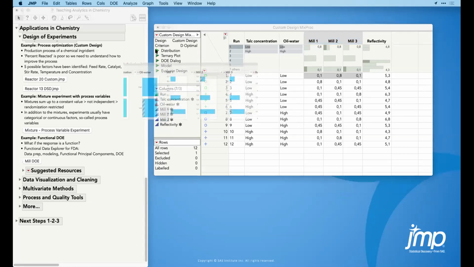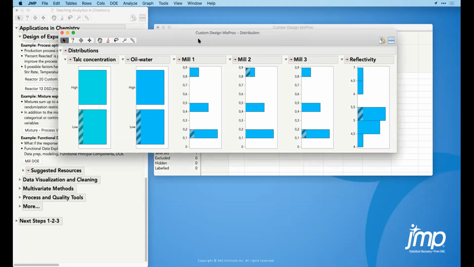If we look at the distributions, we can see that if we select a setting on our categorical process variables, we see that everything else is balanced. So that's a nice feature, some good news.